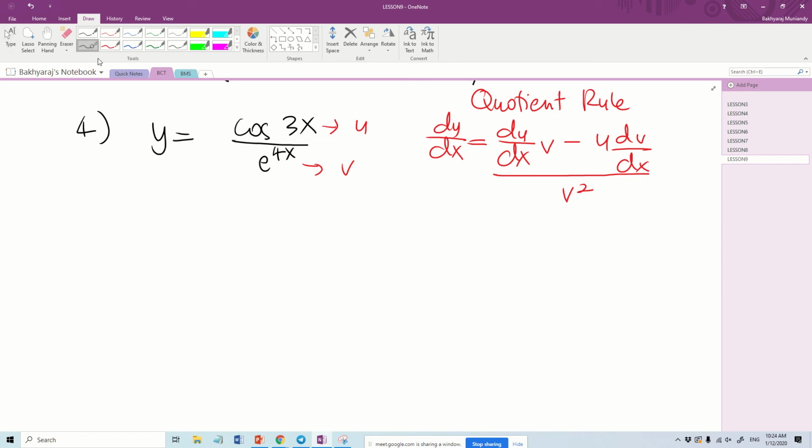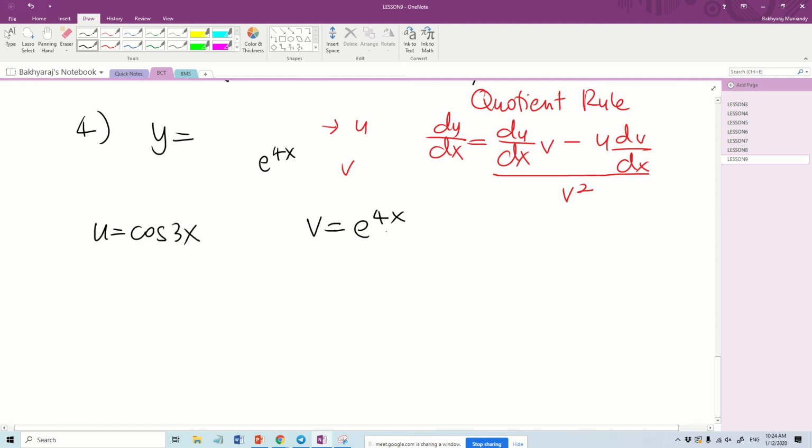Okay, so by the way, we get u equals cos 3x, and then v equals e^4x. And du dx will be equal to... when you differentiate cos you get negative.